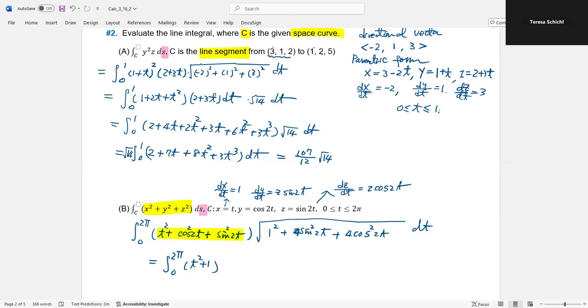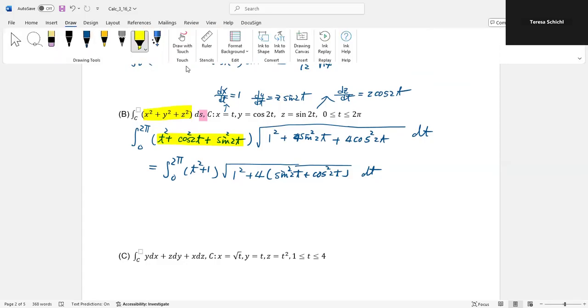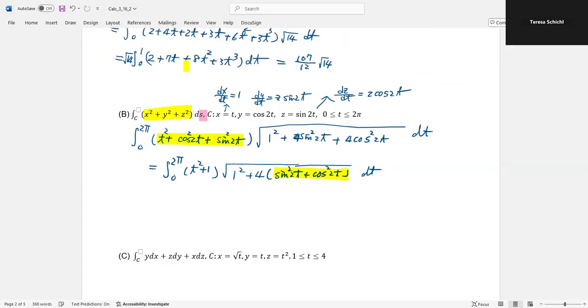And then the inside here will be 1 squared plus 4, then you have sine squared 2t plus cosine squared 2t, dt. Then by the trig-Pythagorean theorem, we know this one is equal to 1, right? So this one turns out to be very easy.